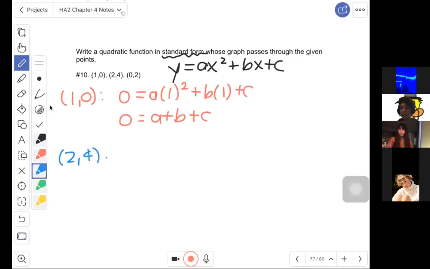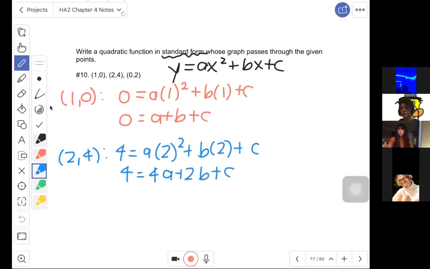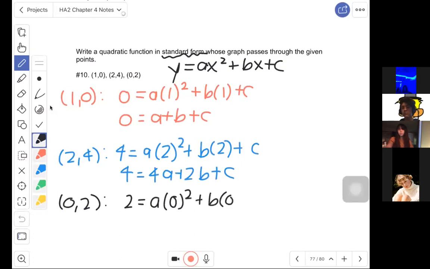And we know we have to do it for all of them. When you plug in that last point, you end up seeing that c is equal to 2.